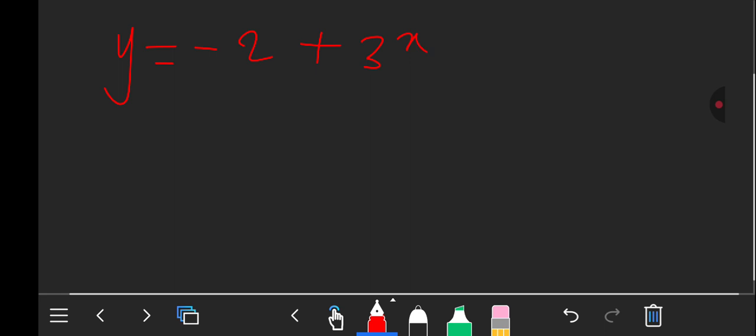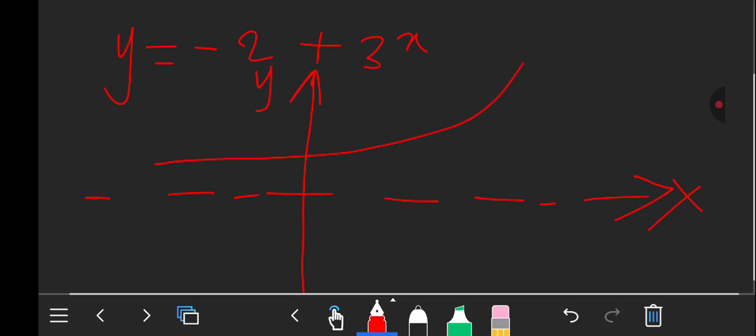Then you've been asked to sketch this. How can you sketch this? So this is what we are going to have. As we've said, the x-axis is the asymptote, then we have y like that. We need first to know how the graph is going to be. Because x is positive there, the graph must come like this.